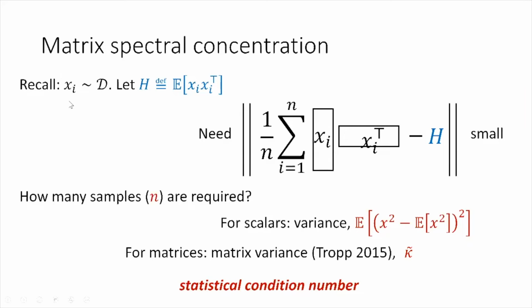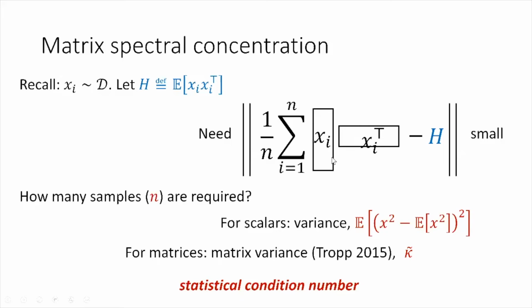Let's say we have this xi coming from a distribution D, and let's say H is the expected covariance matrix of xi. What we want to argue is to find a number of samples n such that the empirical covariance matrix is close to the true covariance matrix H. The question is how many samples n are required to guarantee this.